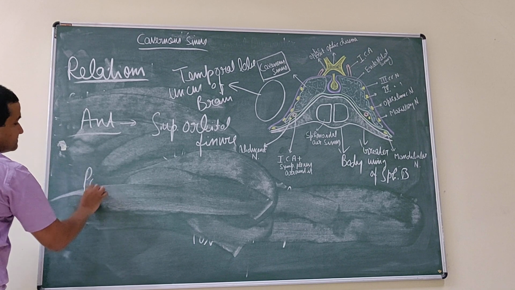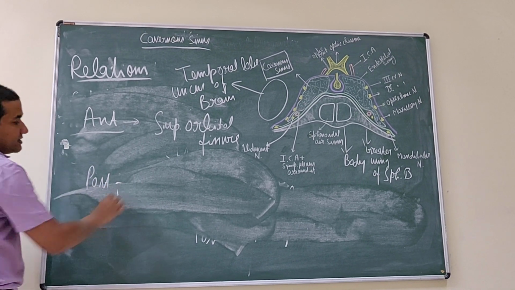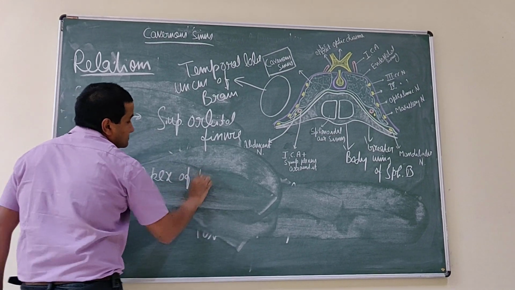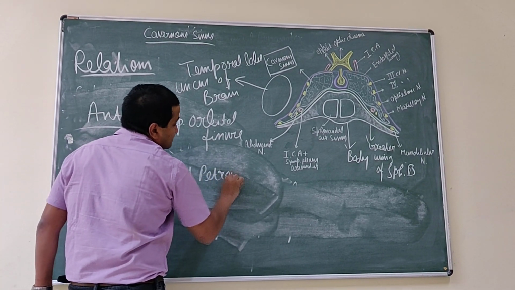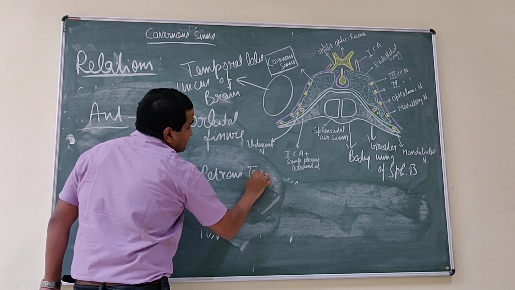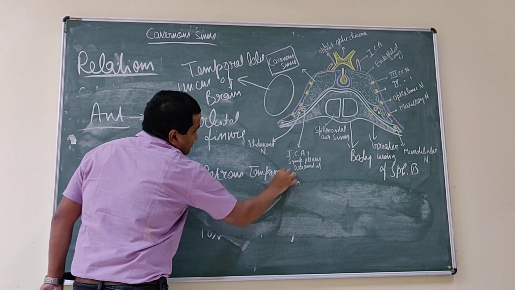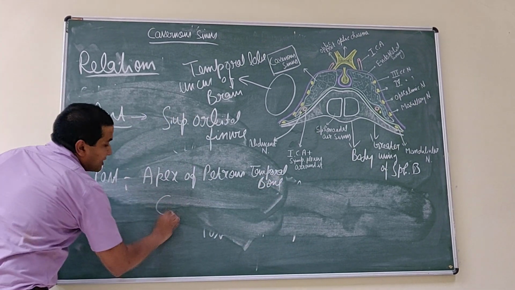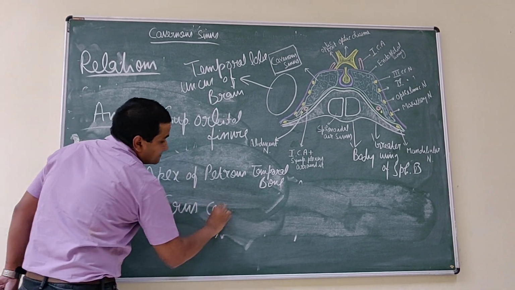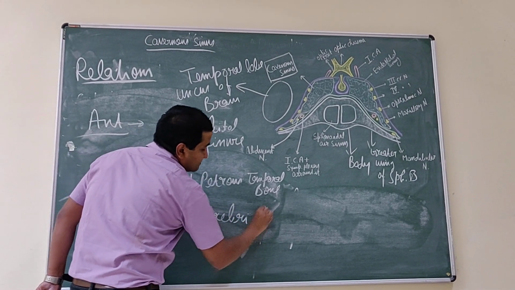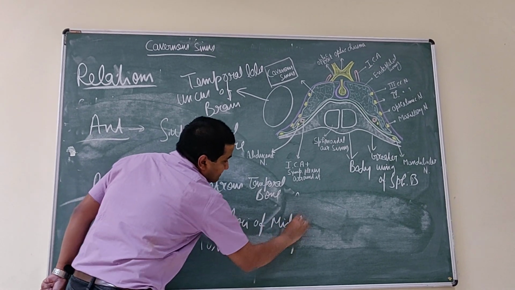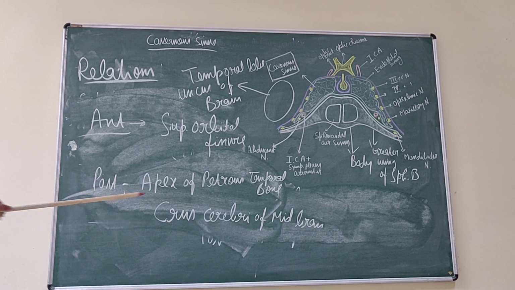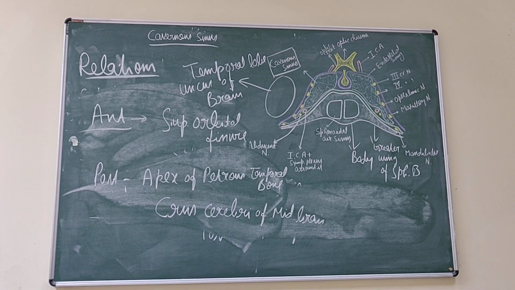Then posteriorly, it is related to the apex of the petrous temporal bone, as well as the crus cerebri of the midbrain. Both structures are posteriorly related.